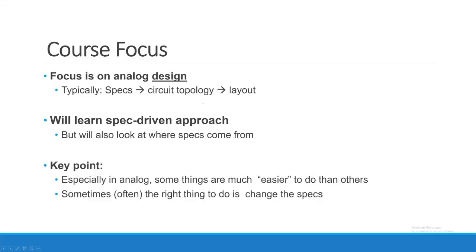Typically the way that happens is you get some set of specifications. You figure out some circuit topology that you want to use to meet that set of specs. And then you do the design: you come up with the sizes, bias currents, etc. And eventually, obviously, that has to go into layout.